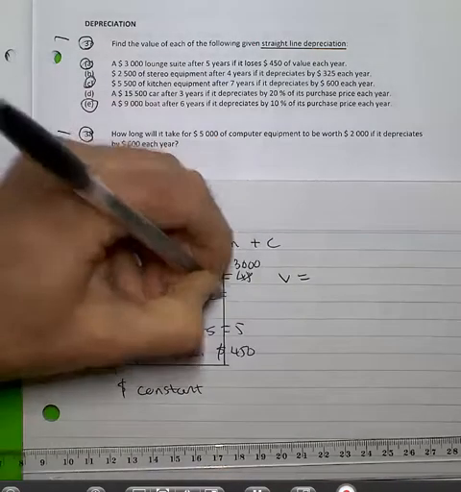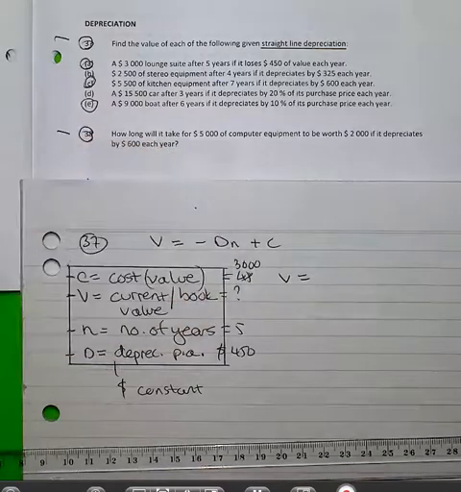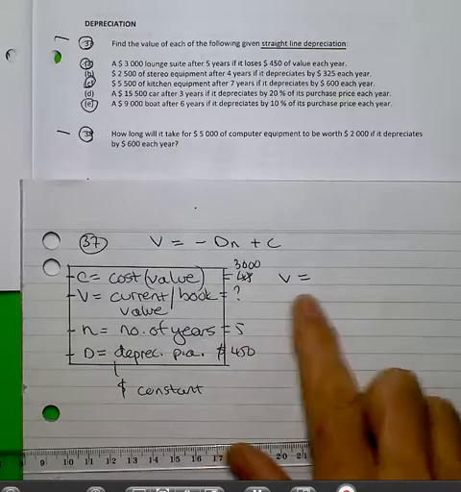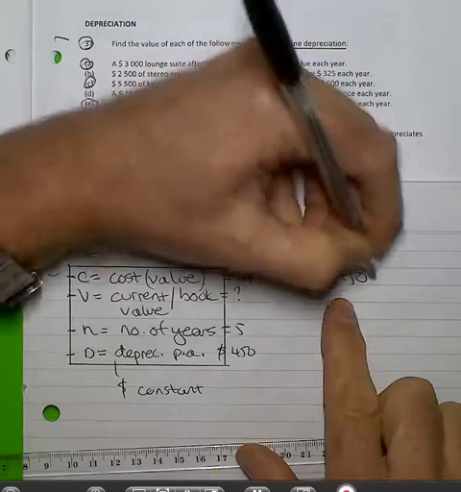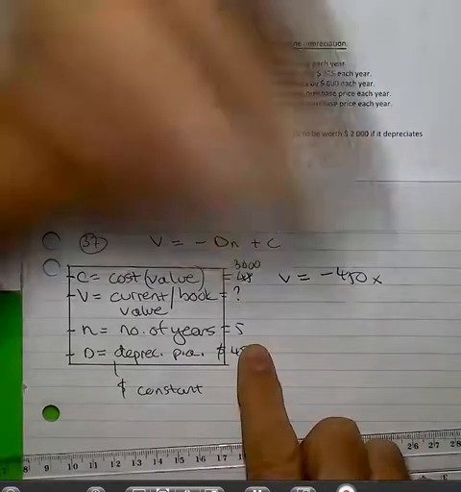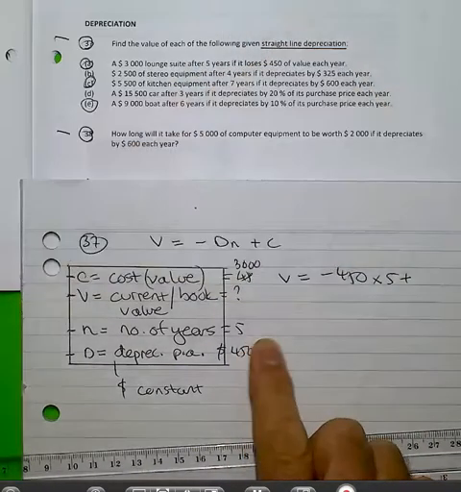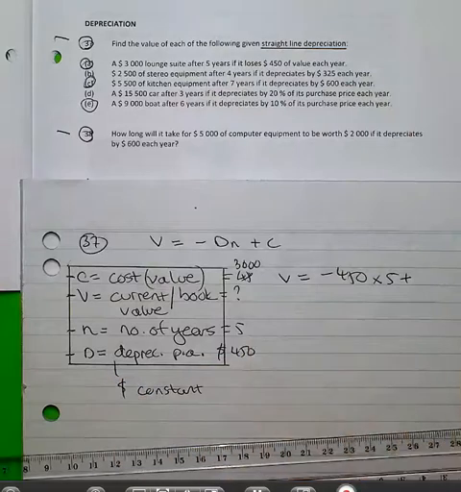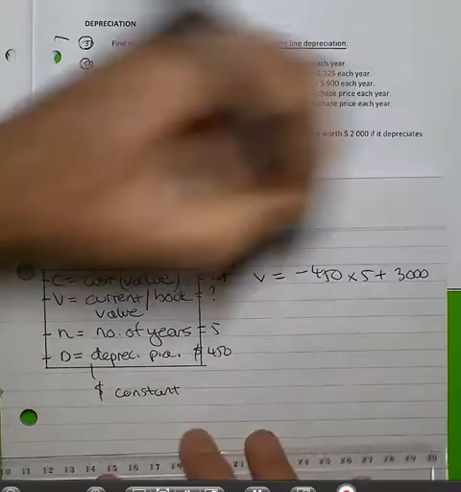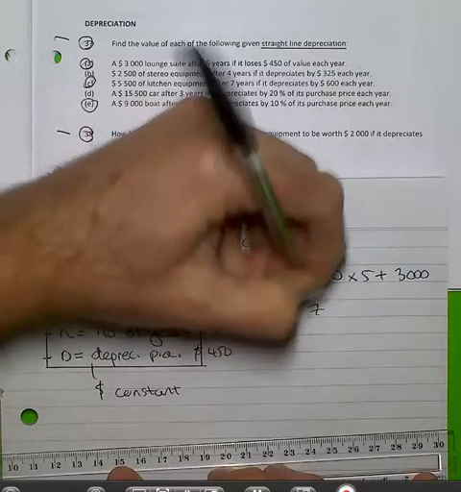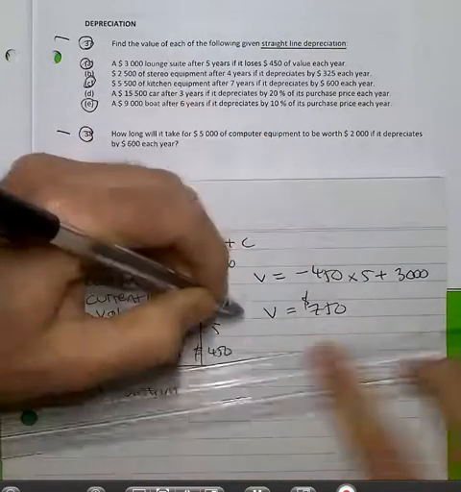And the book value, current value, is the unknown. So V in this case is equal to minus 450 times 5 years, and add that to the original, the cost of 3,000, and we soon see that's $750.